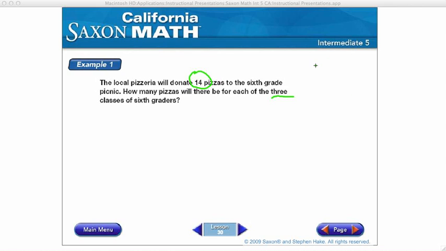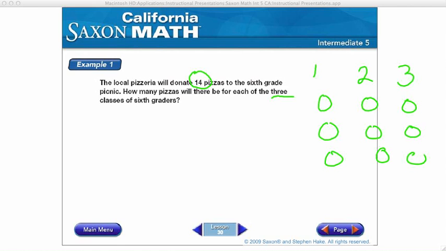So I could draw a picture. Here I have class 1, class 2, and class 3. So I have pizza 1, 2, 3, 4, 5, 6, 7, 8, 9, 10, 11, 12, and then I have 2 pizzas left over.